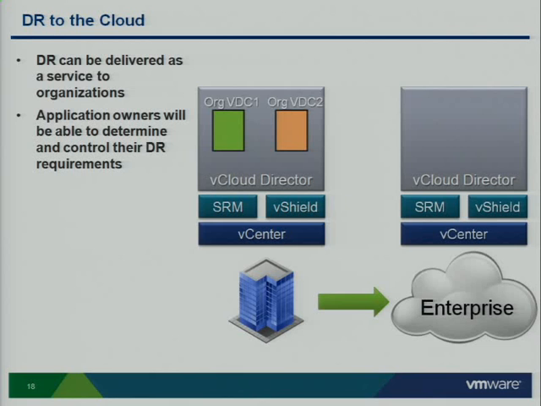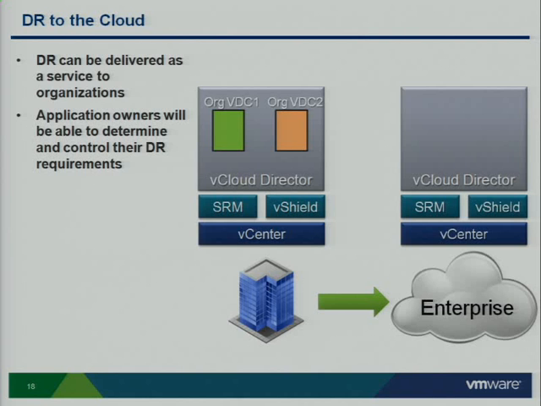There are a lot of cases where you potentially have a DR site today, and your DR site may be a high-cost item. Is there a way to start using resources, either internally or externally, to decrease your cost of DR? So here are two examples. One is you provide DR as a service, and two is you place the application owners into an organization, into what's called a VDC, a virtual data center.